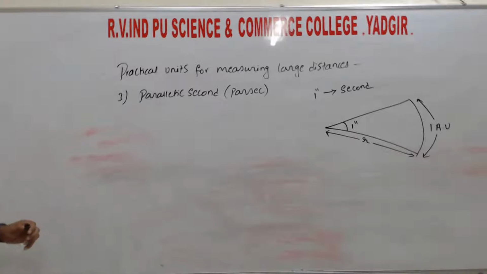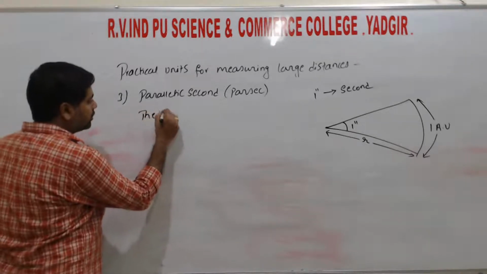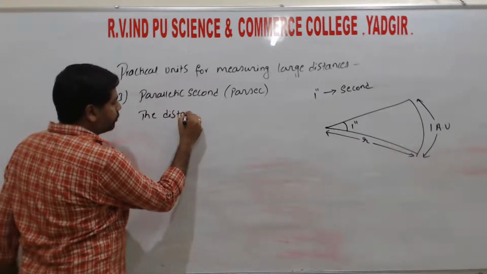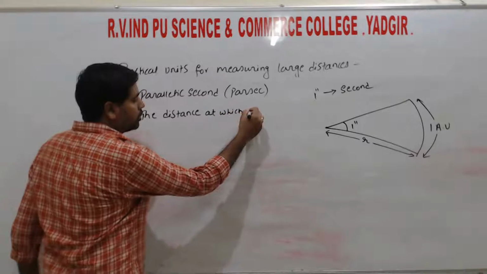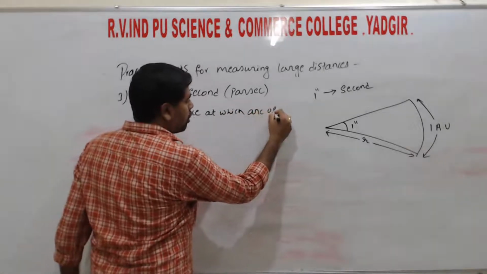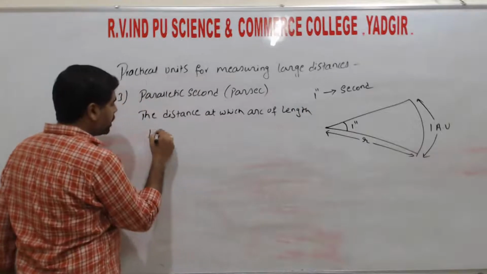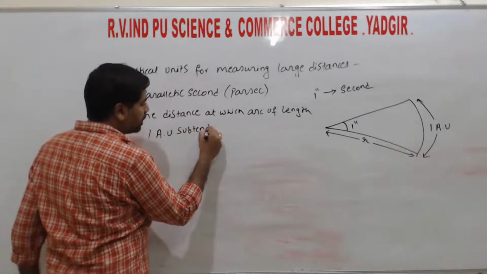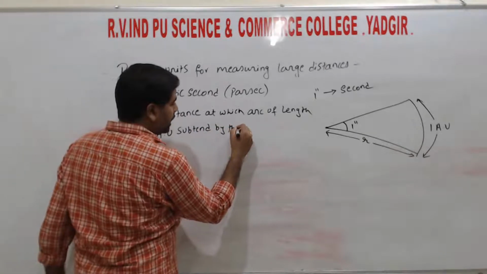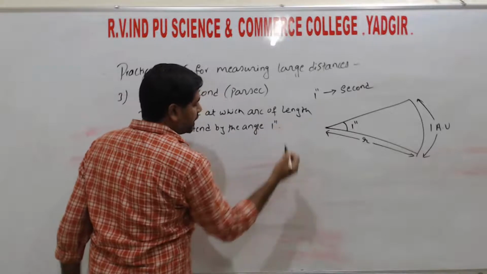The distance at which an arc of length 1 astronomical unit subtends the angle of 1 second.